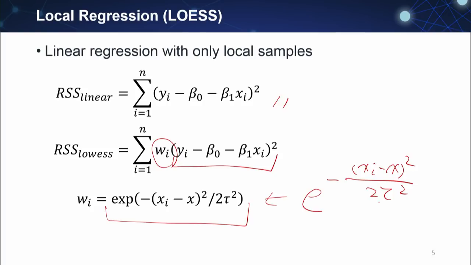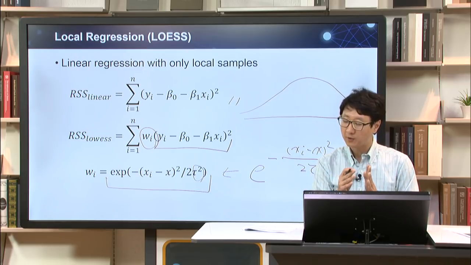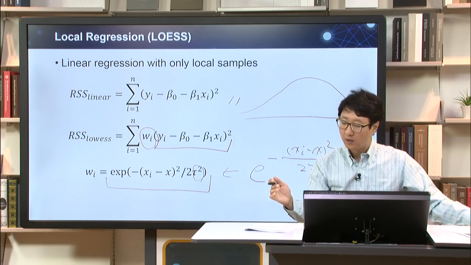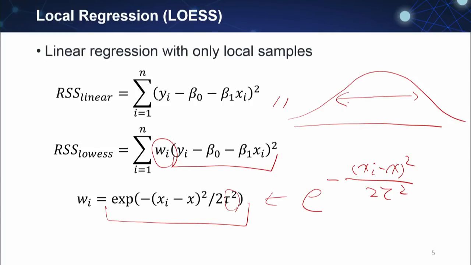Here, this tau is the variance of the normal distribution, and it determines the width of this curve. So if this tau is very high, so if we have a large variance, this curve is going to look like this. Then we have a wider width, and we are going to include more data points.